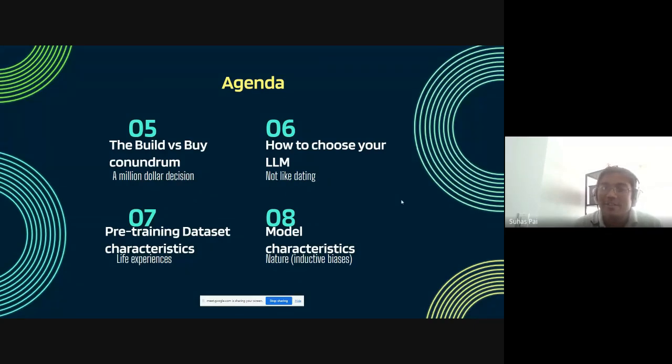I know a lot of people like to use dating analogies whenever it comes to choosing something. But this is definitely not like dating, I would think. I would like to focus on two things: the nature, that is the model architecture itself, the tokenization, the vocabulary, etc., and the learning objective, as well as the life experiences or the nurture, in which case this is the pre-training data set that is used to train the LLM.